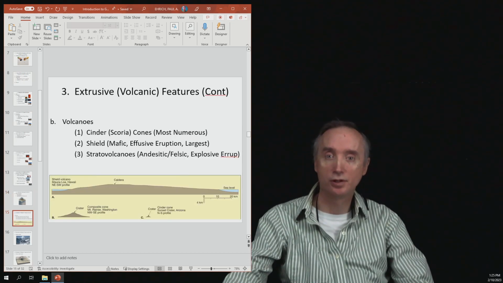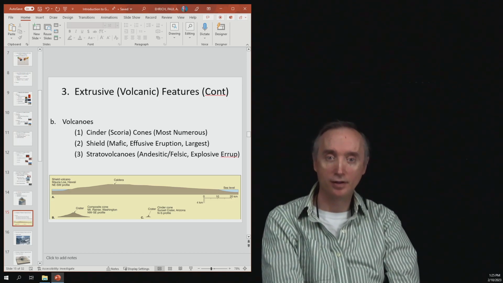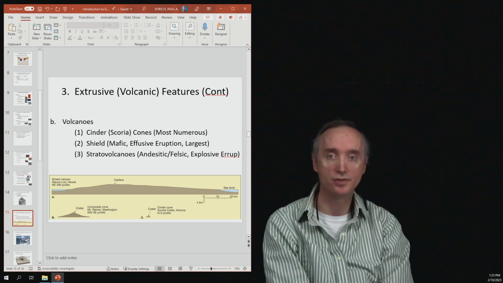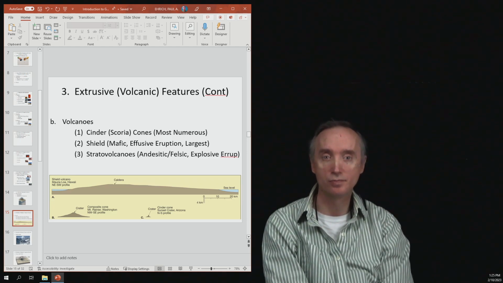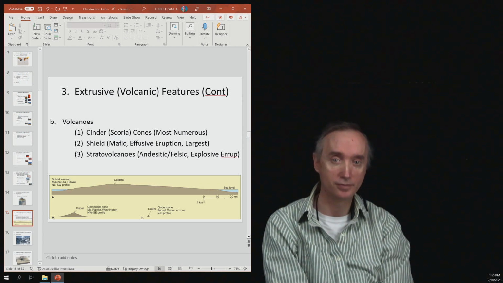Okay, so next let's talk about volcanoes. So in this picture, you see three different kinds of volcanoes. You see the cinder volcano, or cinder cone, and it is the smallest and it is the most numerous of the different kinds of volcanoes. You can barely see it in that picture. So it is very small, and it is going to be composed of pieces of scoria.